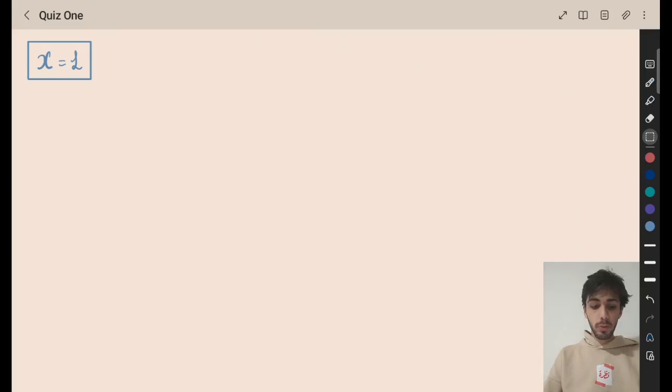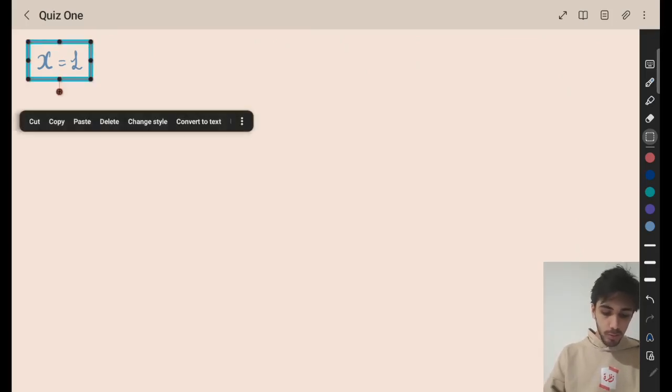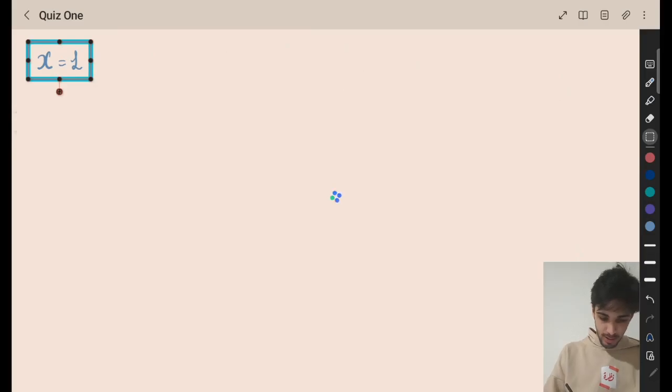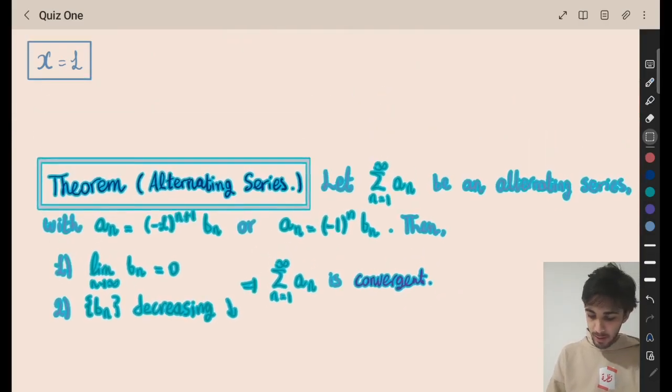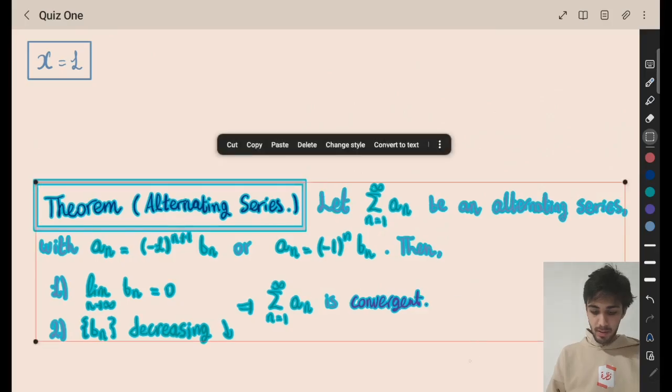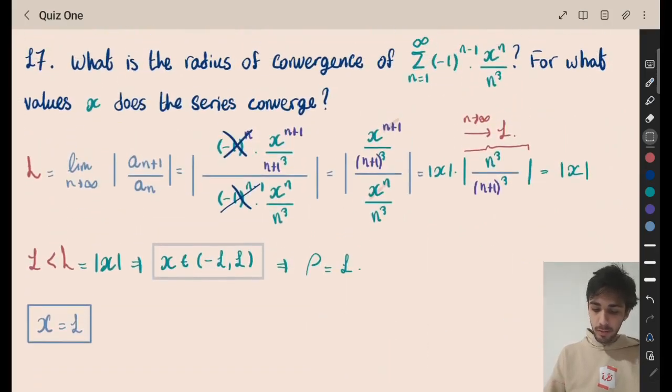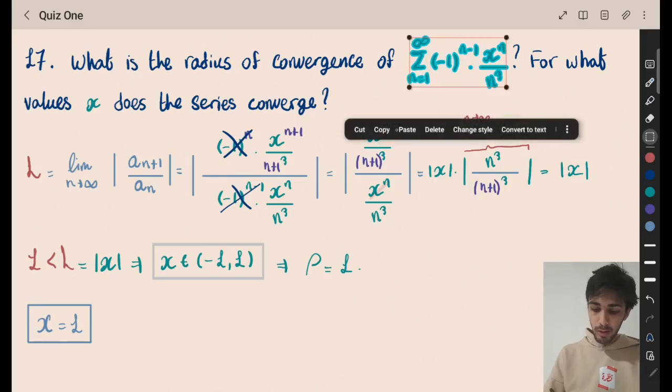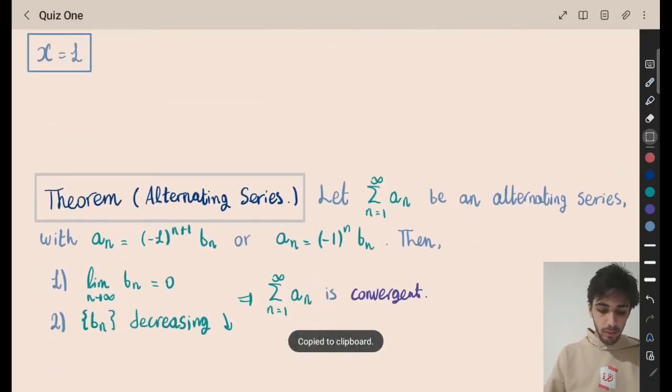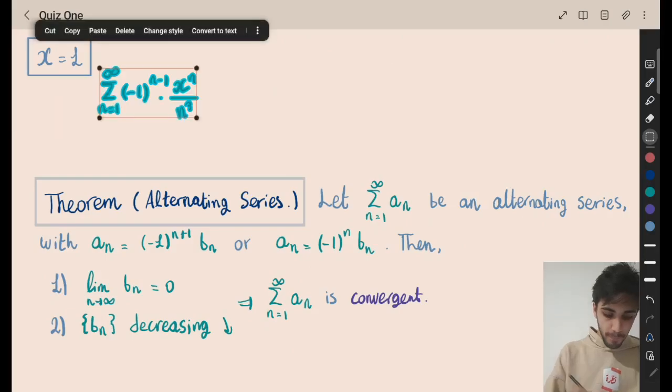Let me start with a new frame here. And there is a theorem which we will be using. And this perhaps gives you a guess on what we will be dealing with right now. That is an alternating series.